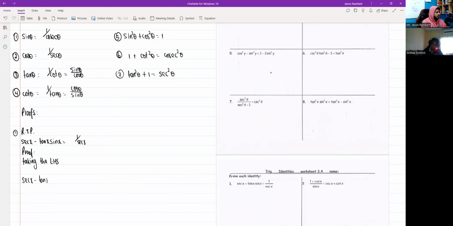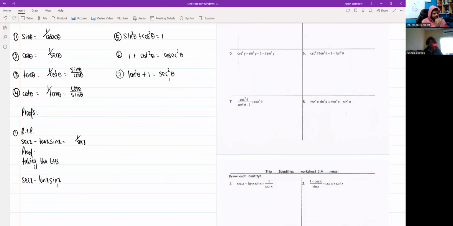Now, time to use some identities to simplify this down. The identities you choose, it is subjective. If you want to substitute tan x is equal to something, go ahead. If you want to substitute sin x is equal to something, go ahead. If you want to substitute sec x is equal to something, go ahead. A little guide when you are proving an identity, look at what you're trying to get. I'm trying to get something in terms of sec x. So I'm trying to keep sec x's on the left, or 1 over sec x in the back of my mind, that is cosine x.